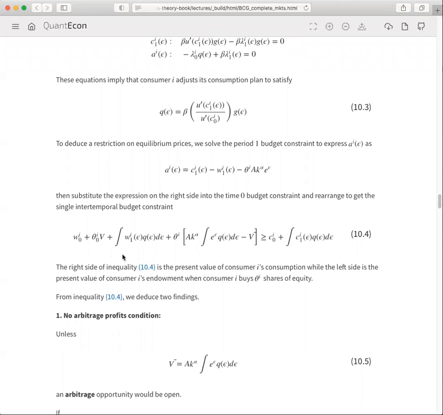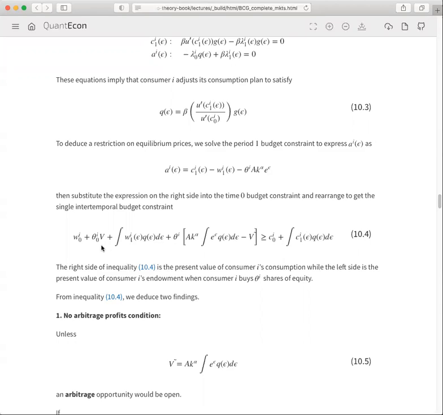And what I'll get is this equation. On the left-hand side, I have the present value of consumption, and it has to be less than or equal to this thing on the right-hand side.